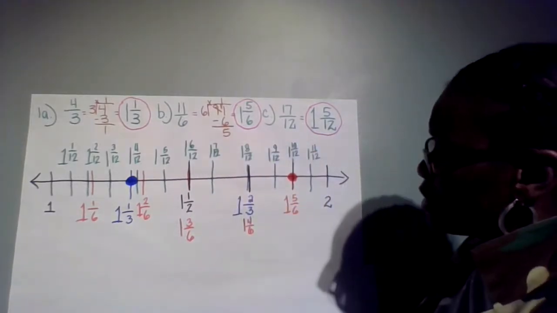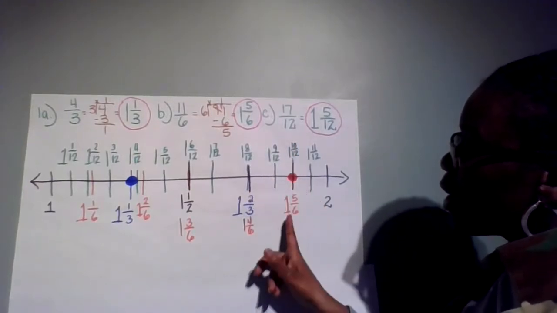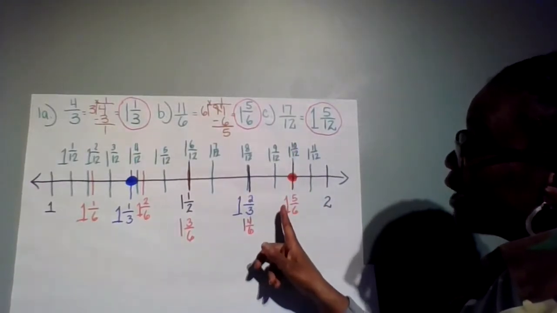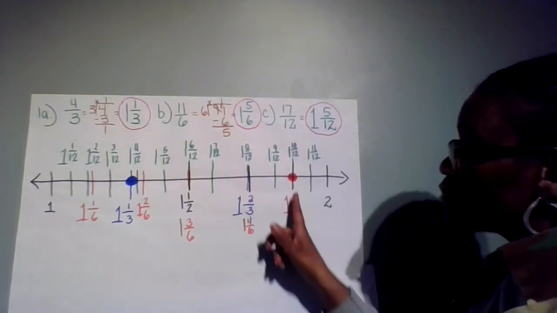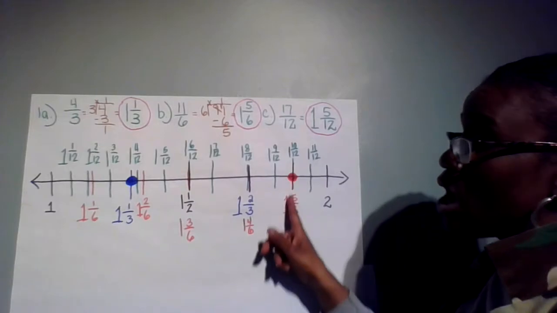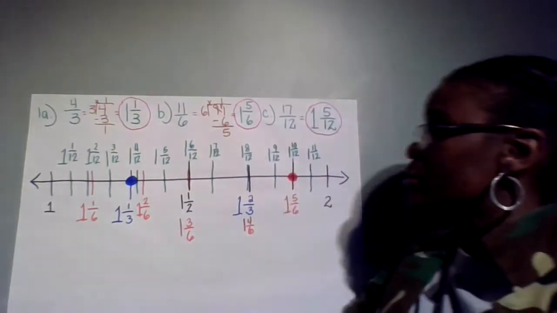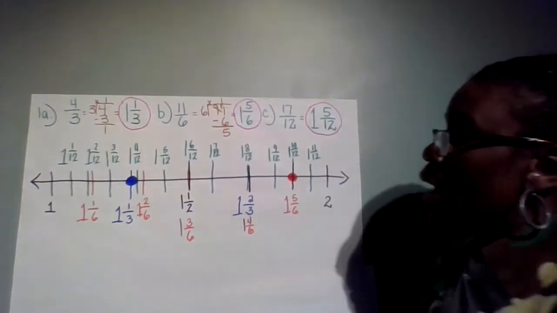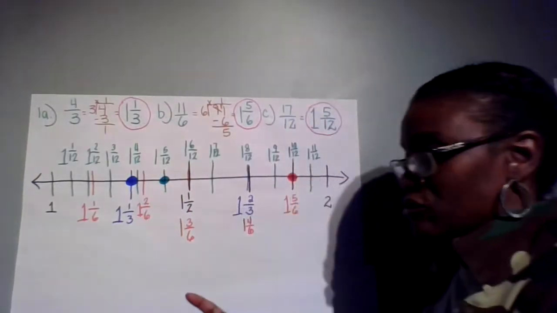And what I'm noticing here also is that if I divide 10 and 12 both by 2, I'm going to end up with 5/6. So 1 and 10/12 and 1 and 5/6 are equal as well. So scholars, now that I've marked this, I'm going to plot my 1 and 5/12.